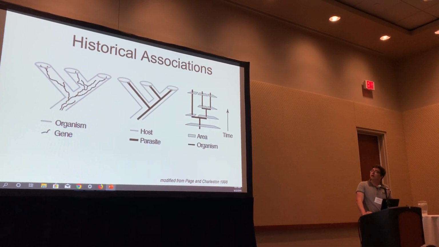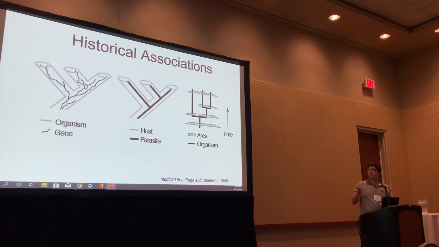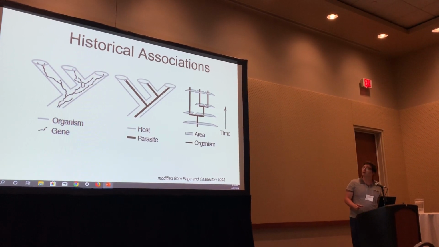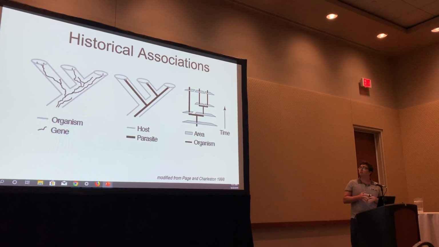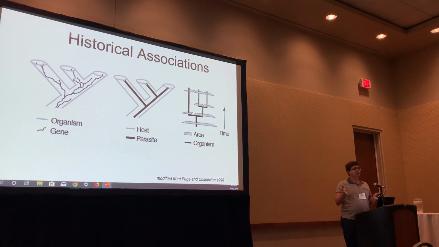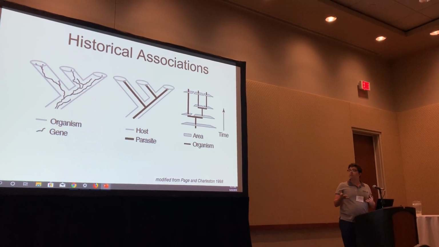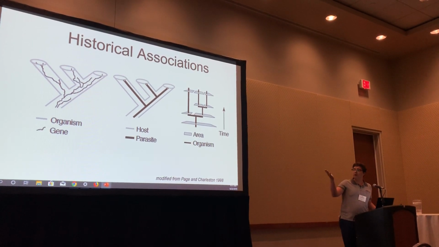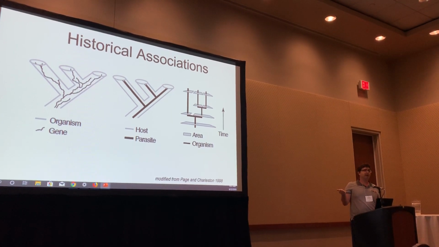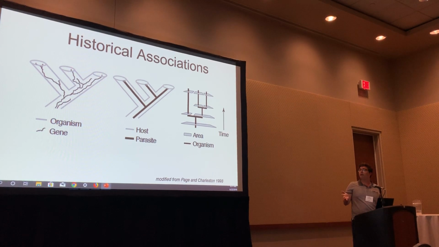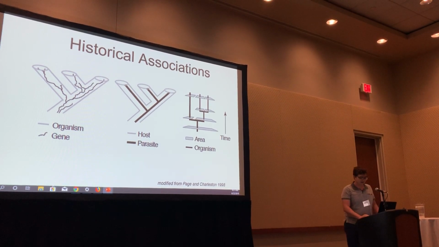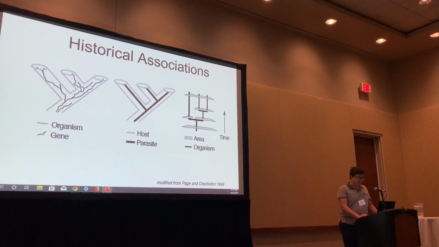So this is similar and has historically been related to other sorts of processes where we have this container tree and an interior tree. This happens in species trees, where the species tree contains many gene trees, in cophylogeny, which I just mentioned, as well as in historical biogeography, where we might have an area cladogram, and we want to know the species distributions in the past.